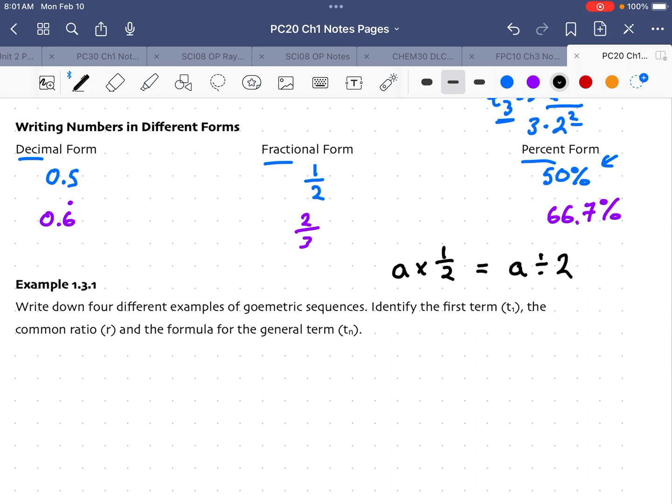Okay, this works for anything. If we take a number and we times it by 3 over 2, that's the same thing as taking that number and dividing it by 2 over 3. So our goal is to convert every division into multiplication so we don't have to divide.